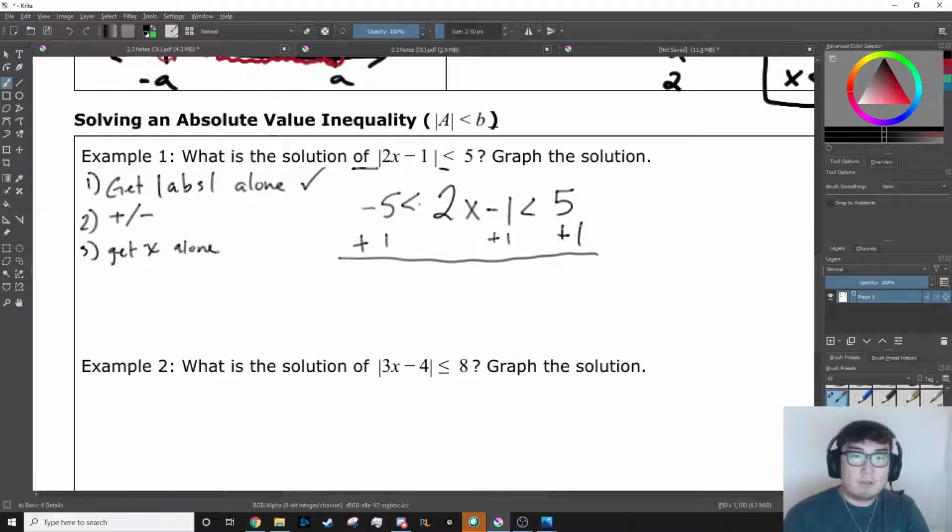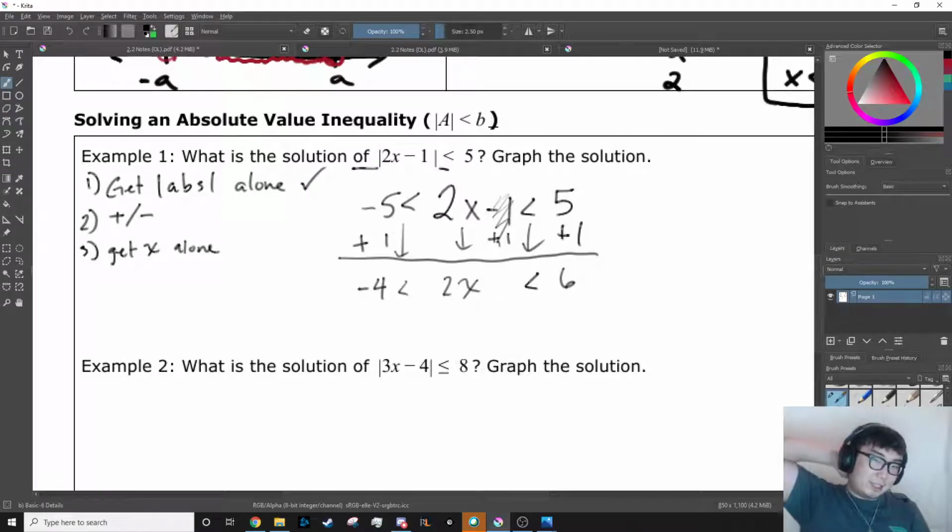I'm just writing it more efficiently, on the same piece of paper, so that I can save paper. So this goes away, right? My inequalities go down. This 2x I haven't touched yet. Okay, 5 plus 1 is 6. Negative 5 plus 1 is negative 4.